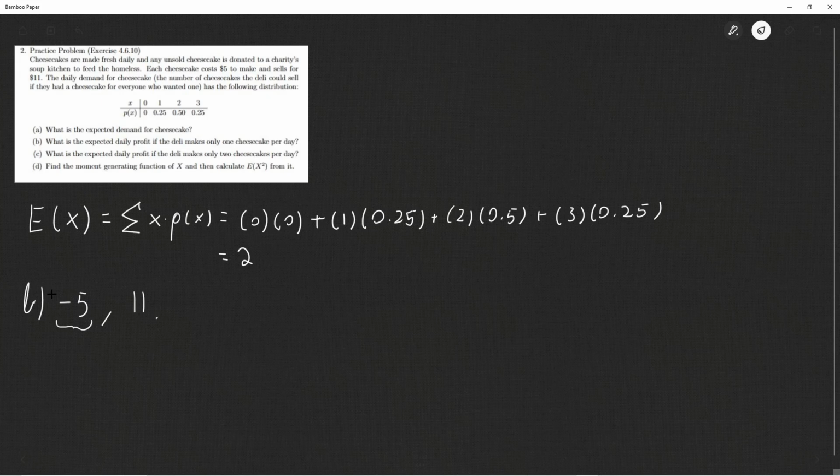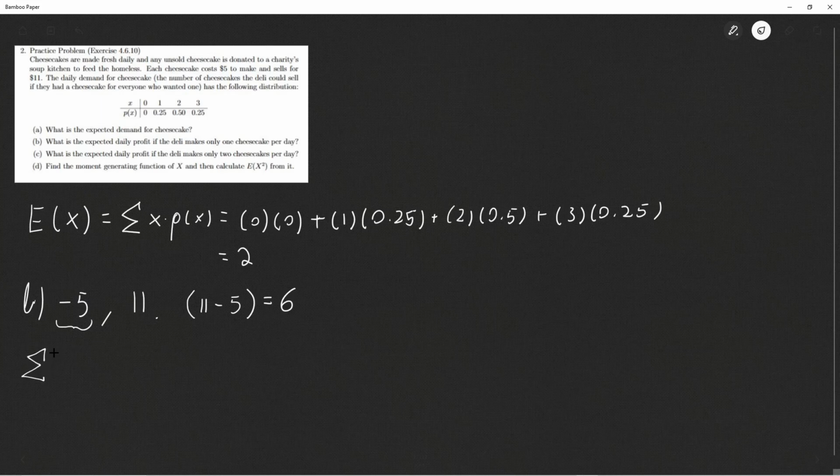Which means that our expected daily profit, if it only makes one cheesecake, is going to be our profit if we sell the cheesecake minus what we would have lost, which is going to be equal to 6. Another way that you could solve this would be by using our expected value formula.